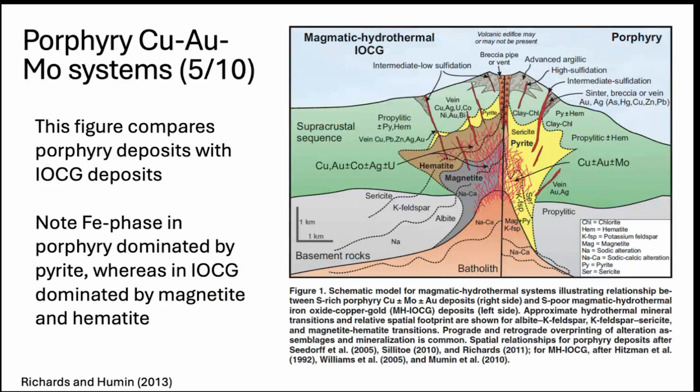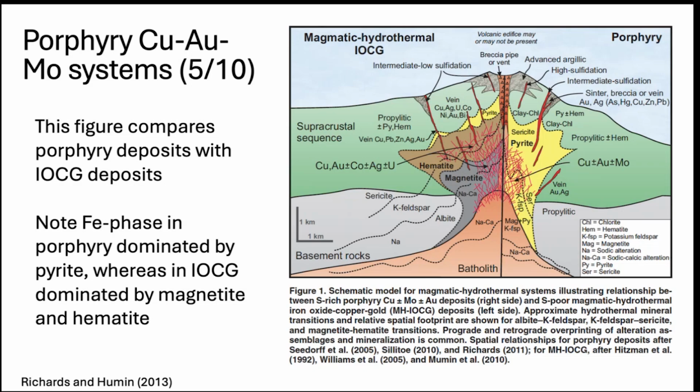Okay, so this is a cartoon put together by Jeremy Richards, who had a slightly different take on IOCGs versus porphyry deposits, in the sense that he felt that they were similar systems, but the IOCGs represented a much more sulfur-poor equivalent.